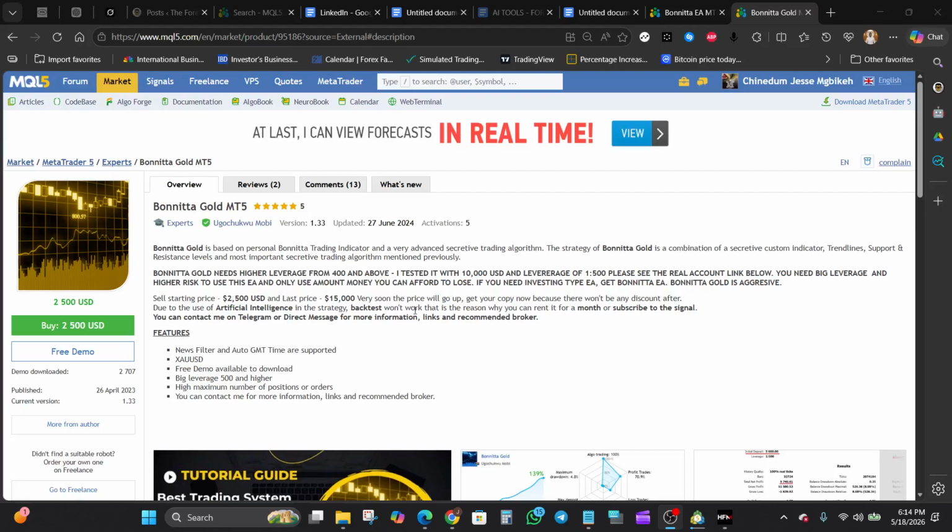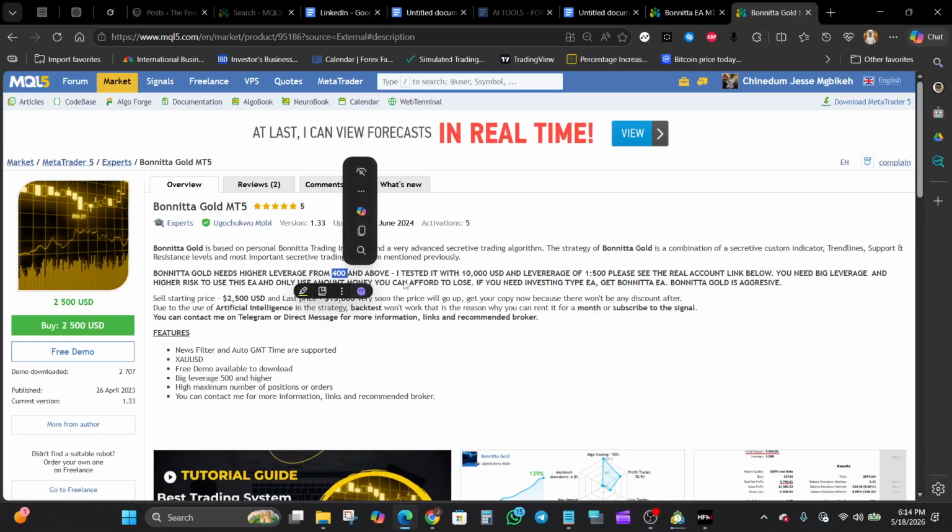Now, one important thing the developer emphasizes multiple times is that this EA is considered aggressive. The marketplace page specifically recommends high leverage environments starting from 1:400 and above.